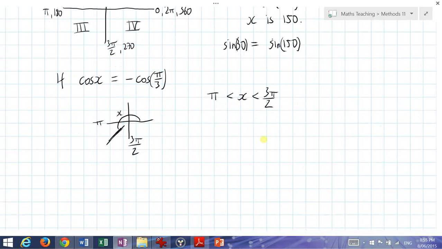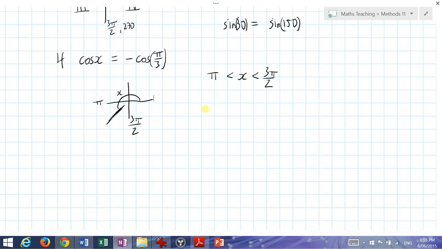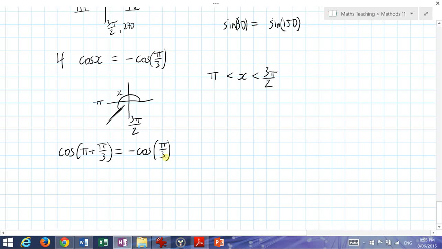So, cos of pi plus theta equals negative cos of theta. In this case, our theta is pi on 3. So we can see from this that cos of x equals cos of pi plus pi on 3, because they both equal negative cos theta.